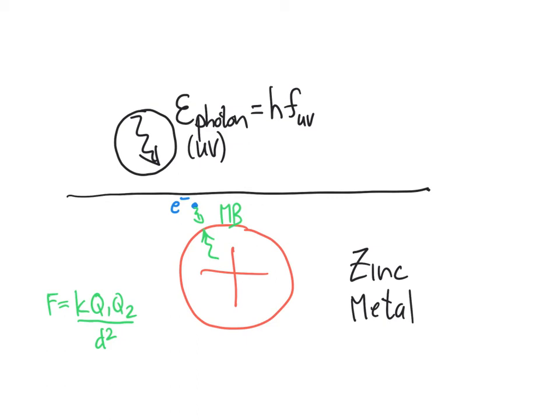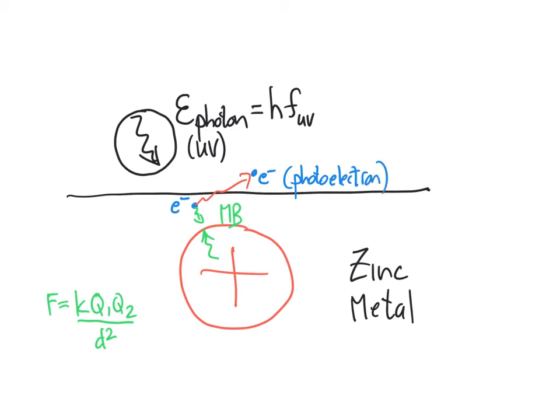Now that electron has enough energy to break free from the surface. So we're going to represent this electron now as breaking free from the surface, and it would now be what we call a photoelectron, and it does not mean that in any way it has changed to a different particle.